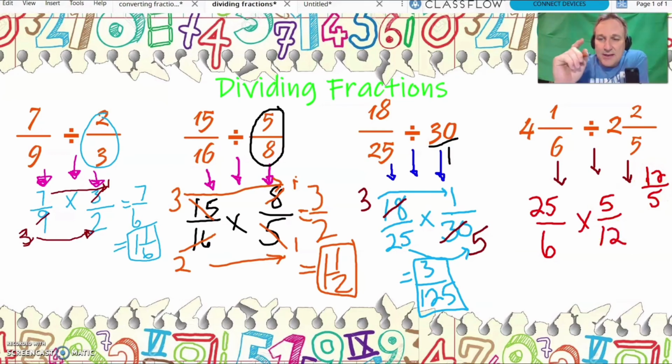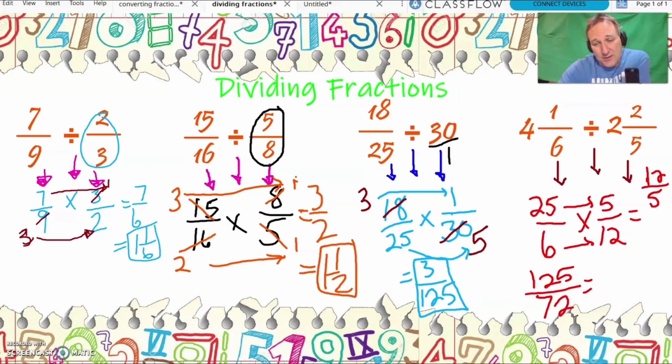5/12. Okay. Now, this one's really weird because if you look, there's nothing that can be cross-canceled. So we just have to multiply it all out. And we're going to multiply straight across. And 25 times 5 is 125, over 6 times 12 is 72.